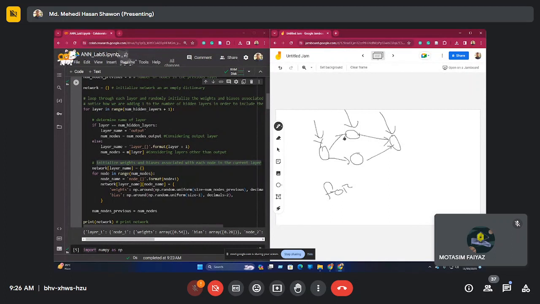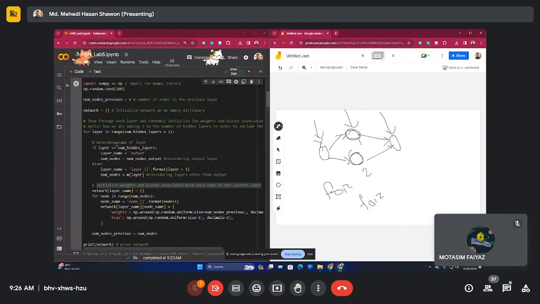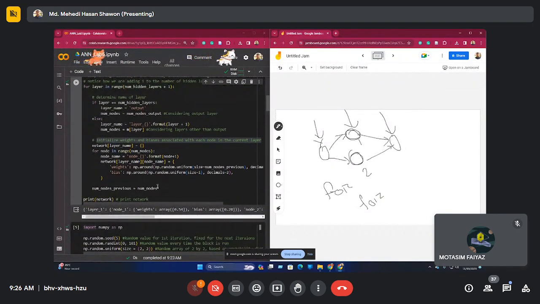But in the first hidden layer, using the second for loop, you are initializing the weights and bias required for these two nodes, node 1, node 2. If you come to the output layer, again you have to initialize the weights, right? Using this portion of code, we do that.